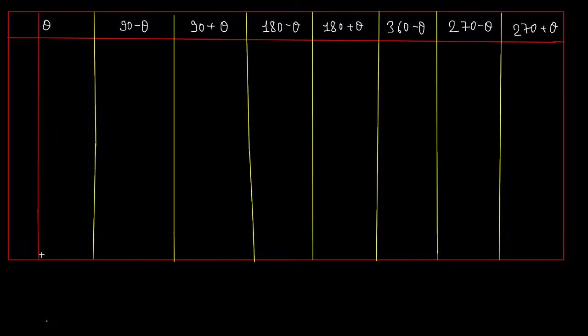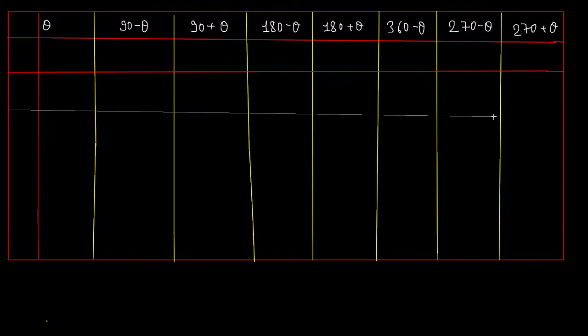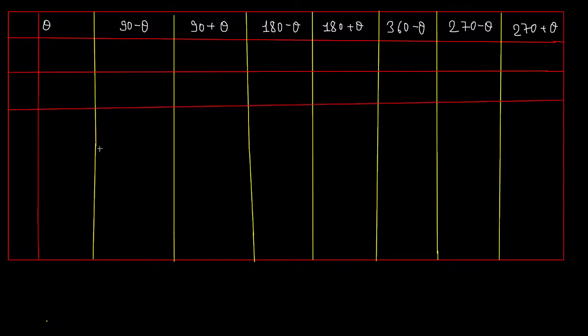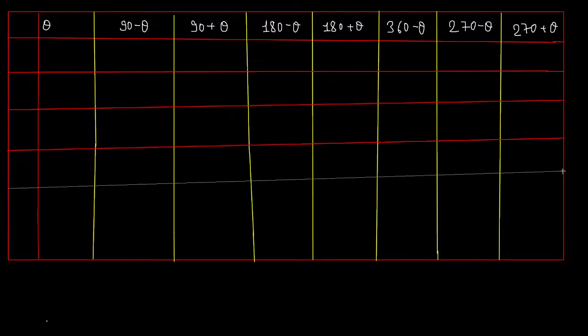Sine, cos, 6, and here it will be 6 lines. Okay, 1, 2, 3, 4, 5, 6.